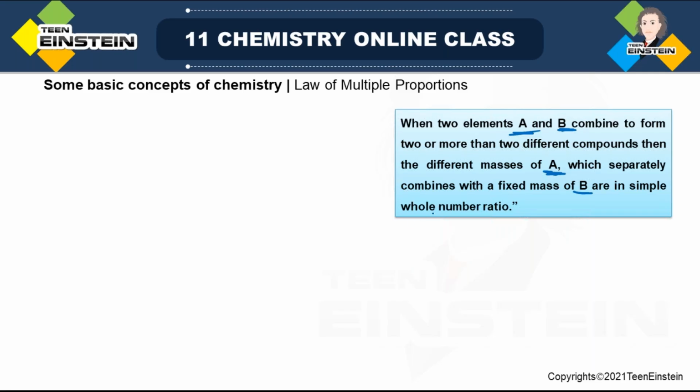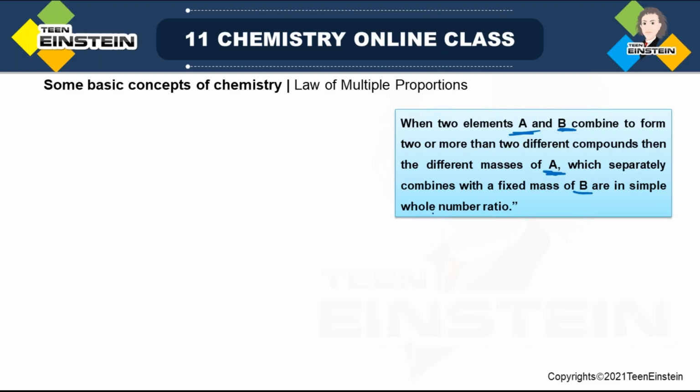So here only two elements are involved, and these two elements are reacting with each other, but they can form different types of compounds. It may be two or more than two, but at least two is required, otherwise how will we compare? So when they are reacting and producing different types of compounds, just choose any one element and fix the mass of this particular element.